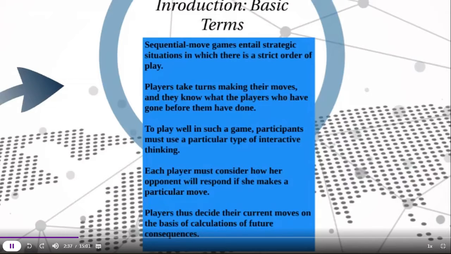Both of them are taking the decision almost at the same time. That's why it's called simultaneous. And it's called sequential because there is a particular order in which the game is going to be played. What does that mean? The players in this game take turns making their moves, and they know what the other players who have gone before have done.